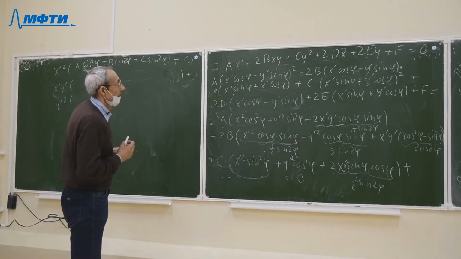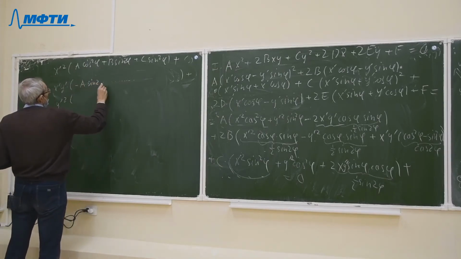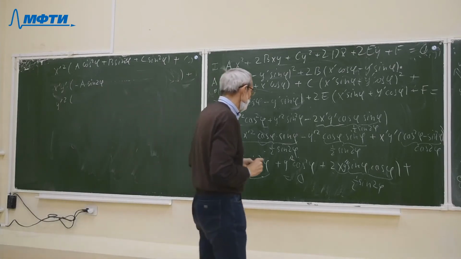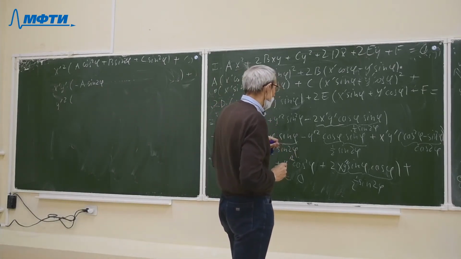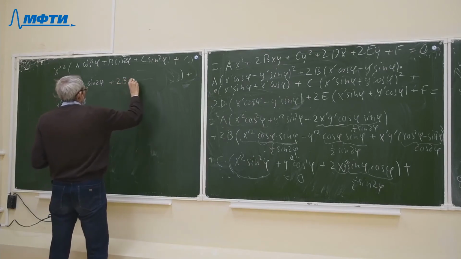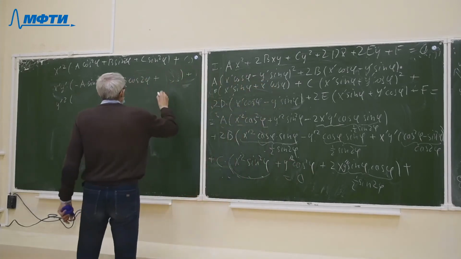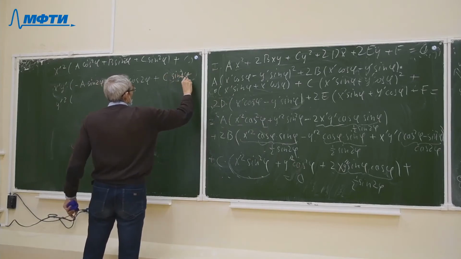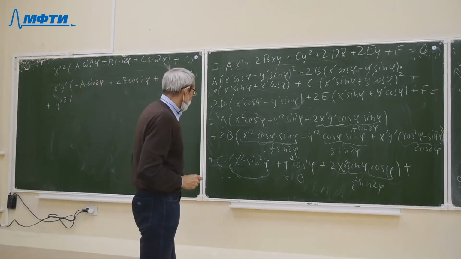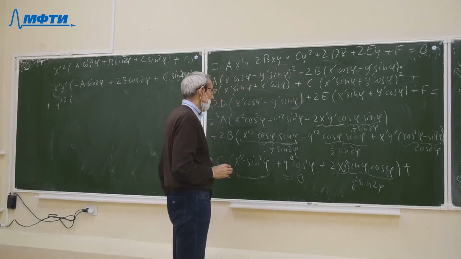We obtain minus a sine 2 phi plus cosine 2 phi plus C sine 2 phi and plus this term, and the coefficient before y square or y prime square.